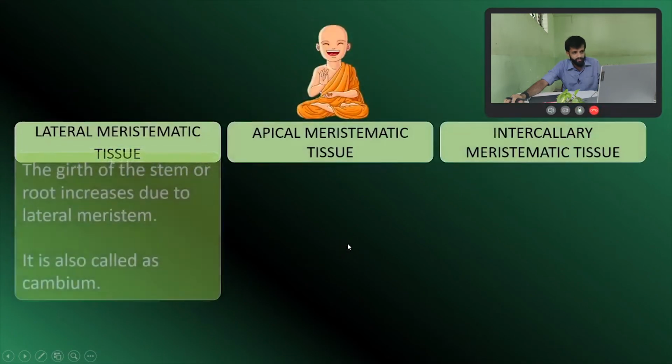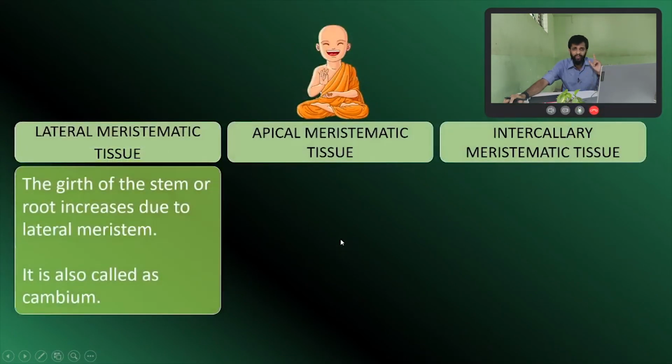First one, lateral meristematic tissue. The girth of the stem or roots increases due to the lateral meristem. So which part is it found in? It is found in the stem and in the roots. What do we mean by girth?